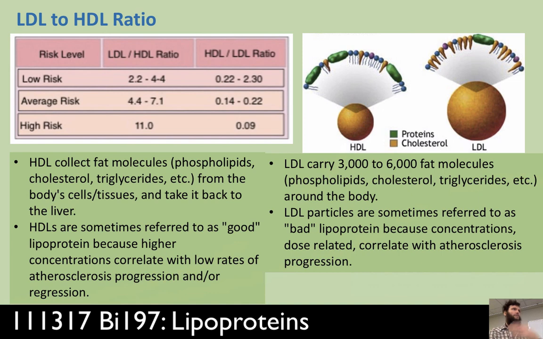One of its main jobs is as a cholesterol scavenger from the tissues, so there's more room in it for that. High rates of HDL correlate with low rates of atherosclerosis, and the opposite is true of LDL. That's all that I actually have on that slide.